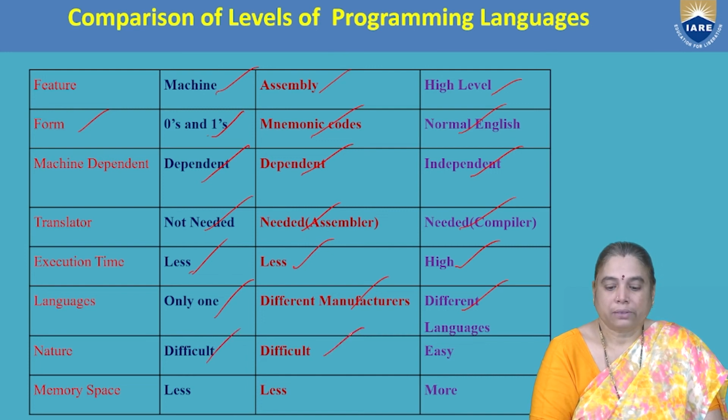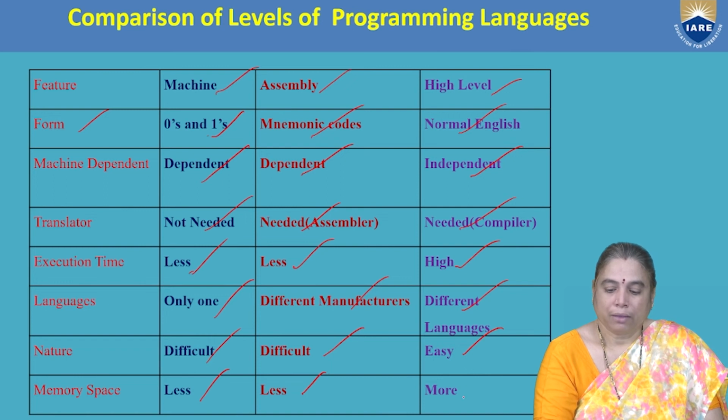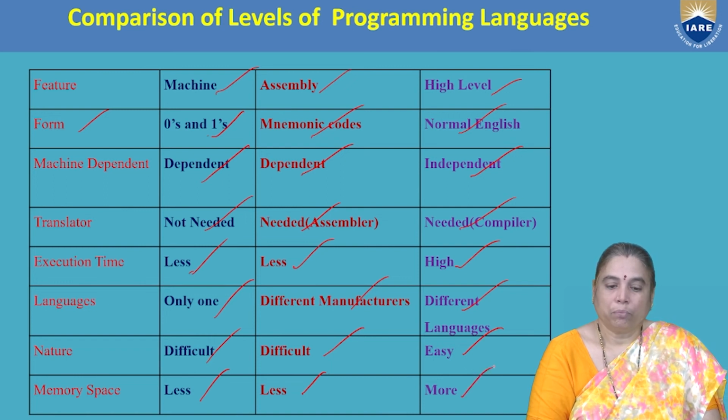Assembly language is also difficult, but in high level language it can be easy. The memory space that is occupied in case of machine language is less. Assembly language is also less. In case of high level language it can be more. So these are the comparison of various levels of programming language by considering various parameters.